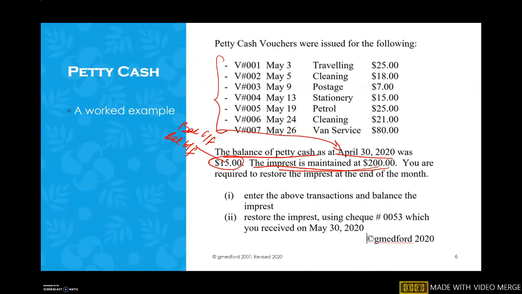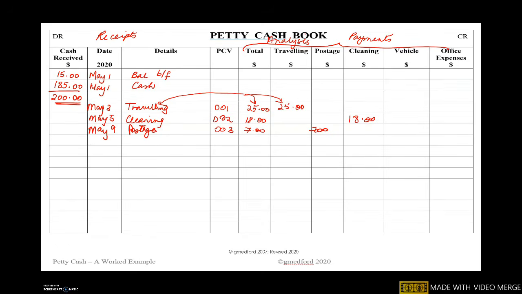May 13th, stationery, $15. Voucher number 4, and it goes into our office expenses column, since there is no corresponding column for stationery.